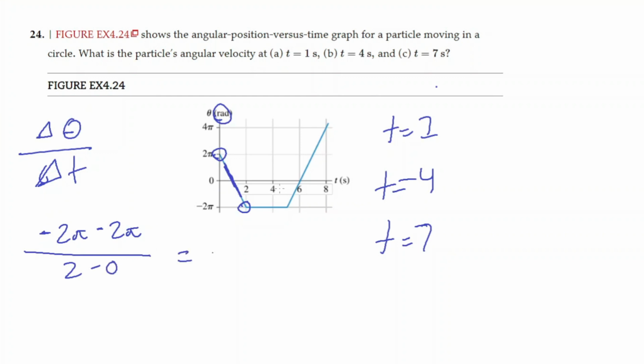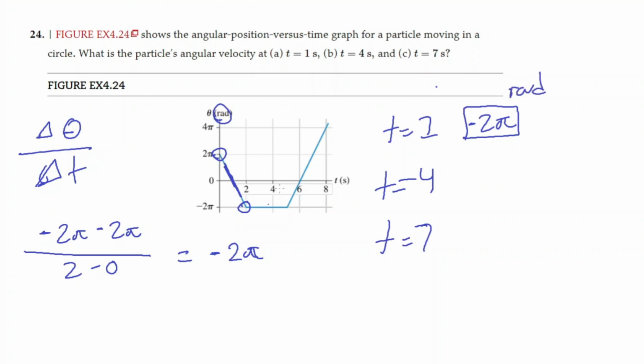You would get an answer of negative 2 pi. So we're going to write our answer as negative 2 pi for now. That's our angular velocity, in radians first, and then we'll convert it.